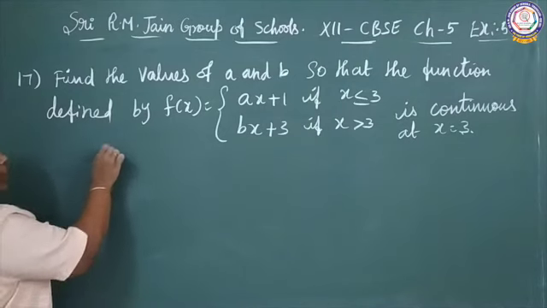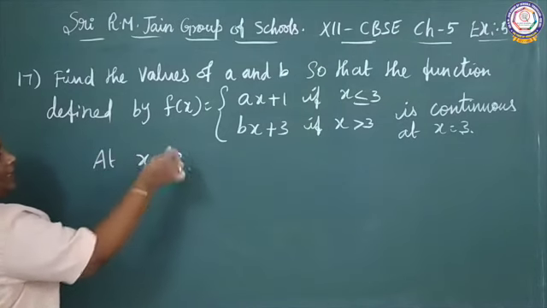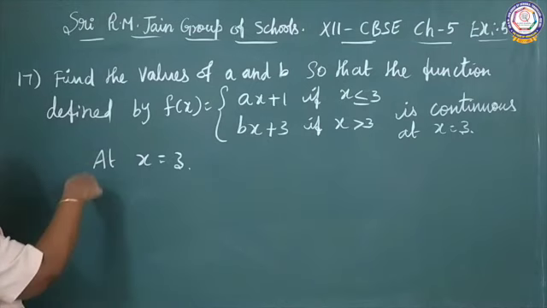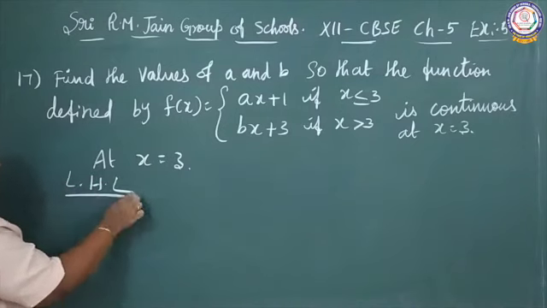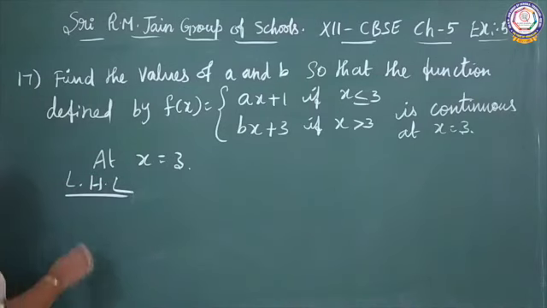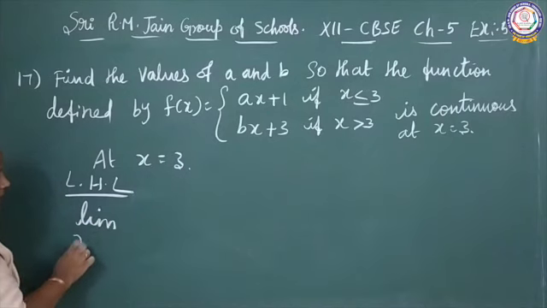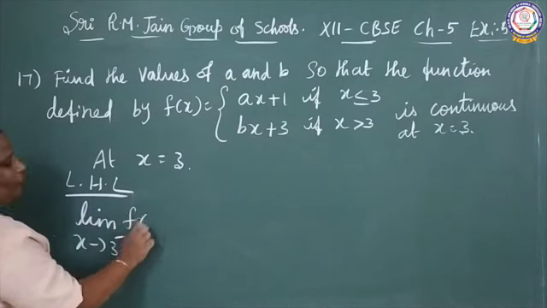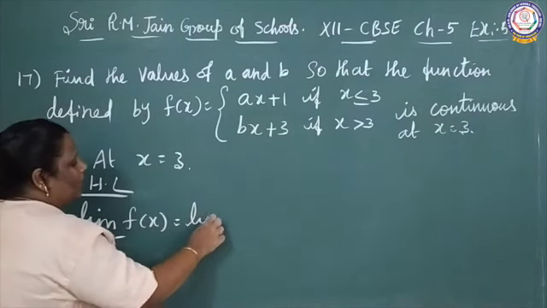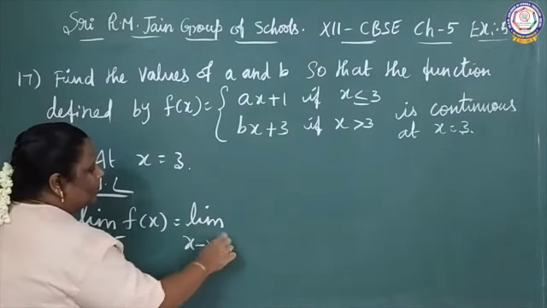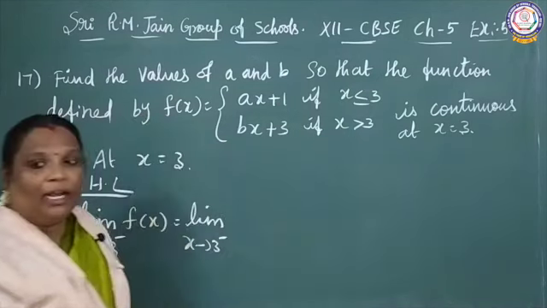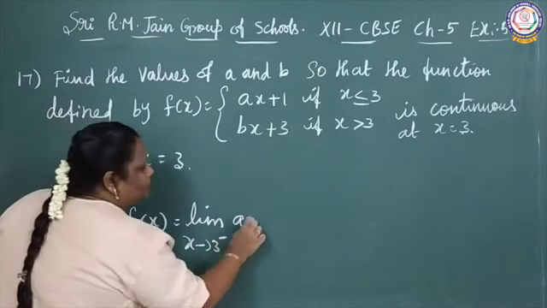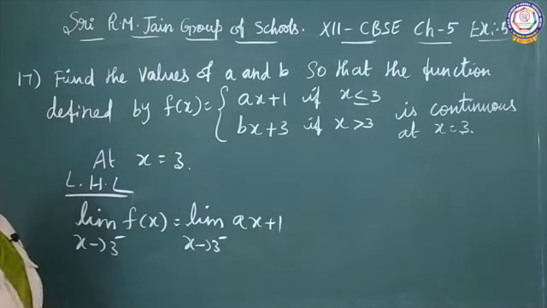So at x equal to 3, the function is continuous. Left hand limit: limit x tends to 3 minus f of x. For x less than 3, what is the value here? ax plus 1.